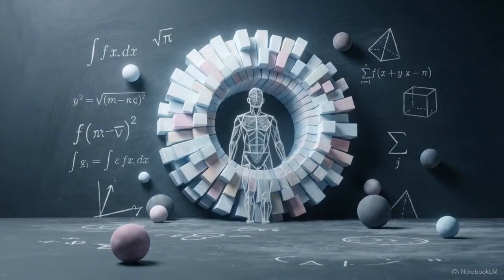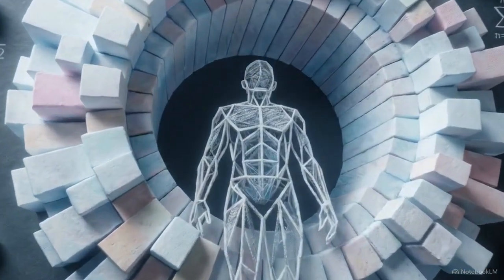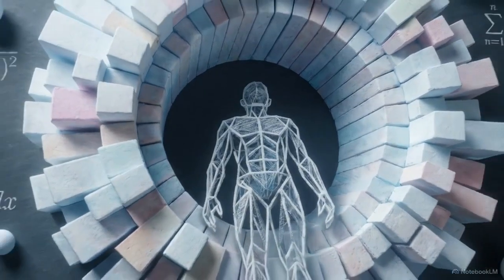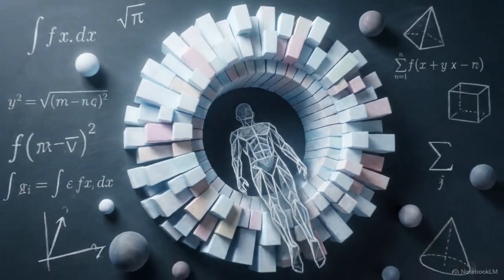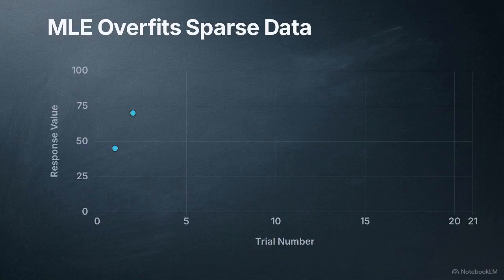In clinical neuroscience and fMRI studies, constraints often limit the time a patient spends in a scanner, restricting subjects to low trial counts. Standard frequentist parameter estimation techniques, like maximum likelihood, treat every subject in the dataset as a completely independent entity. This scatterplot shows the result of feeding maximum likelihood a sparse dataset of just 20 trials.